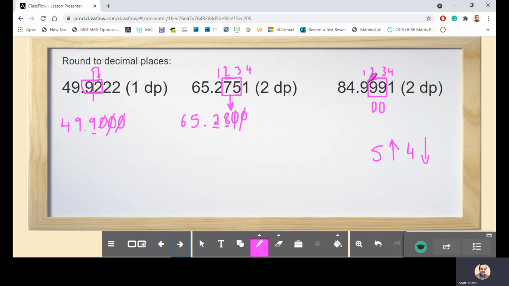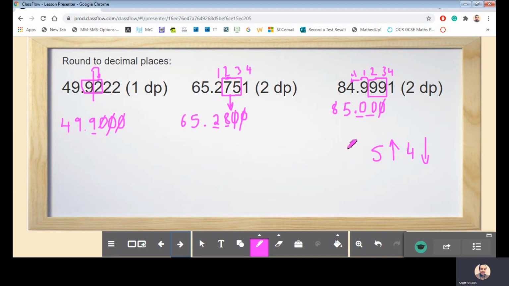So that's going to add 1 onto here. So this is going to become 0 also. And this, because we've added 1 onto here, is going to become 5. So it's going to be 85.000. But again, 2 decimal places, so we get rid of any zeros after the 2 points.